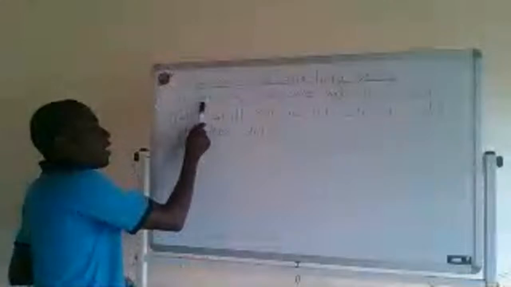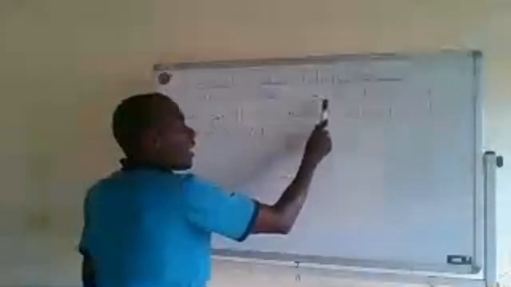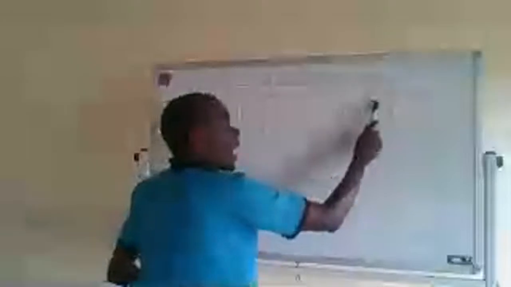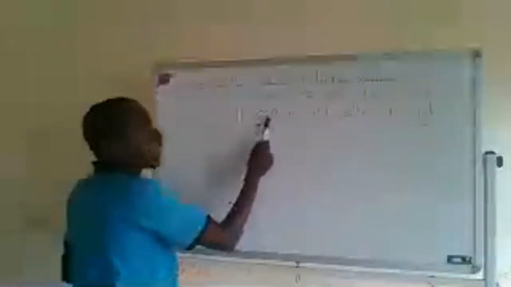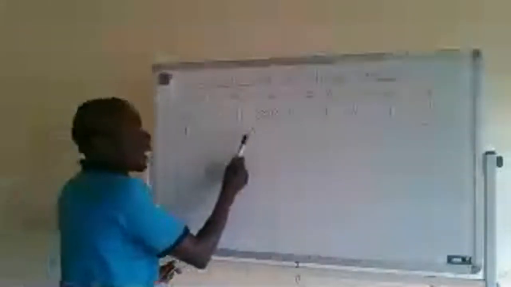They are used to help in the construction of sentences. We have is, was, were, has, have, had, will, shall, can, would, should, ought, do, does, and did.